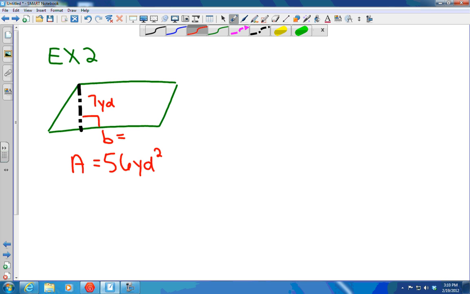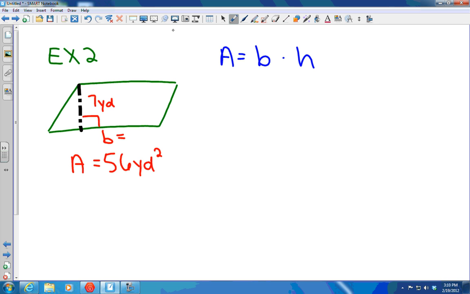I'll do the same thing as before. I start out writing a formula for the area of a parallelogram, and then I'll fill in what I have. I have area, 56 yards squared. I have the height, 7, but I don't have the base, so let's leave the base B. We'll leave the units of measurement out for now just to simplify things.